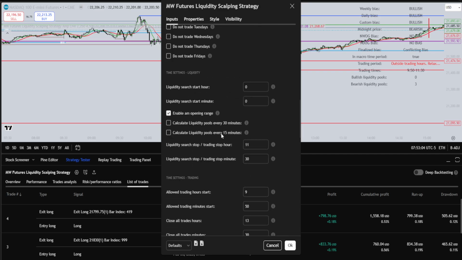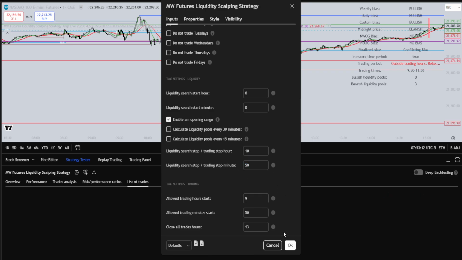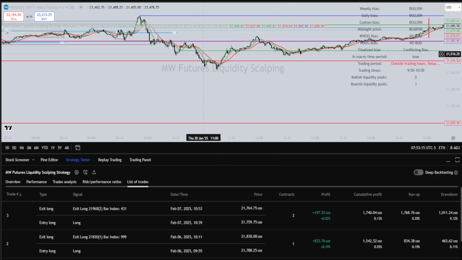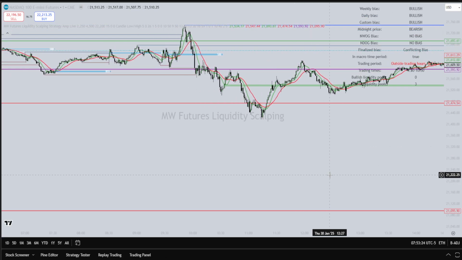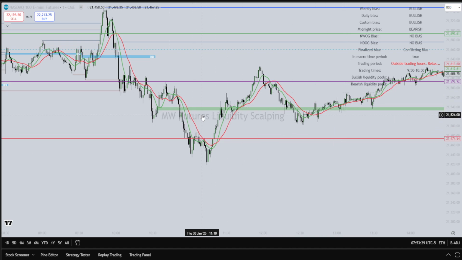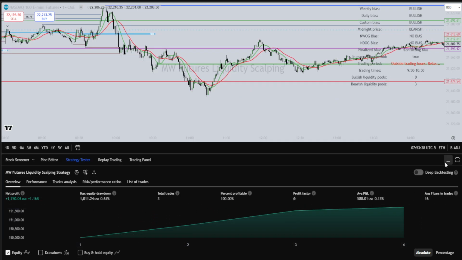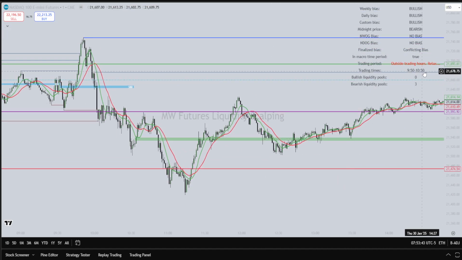So let's put our stop trading hours to 10:50. And that way, we filtered out this trade, but kept all our other trades. So by looking at how losing trades are formed, and without changing our fair value gap requirements, which would filter out those winning trades as well, we now kept all the winning trades and filtered out the losing trades by just changing our trading times.